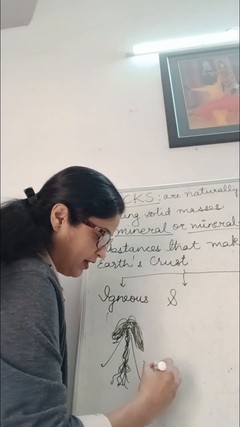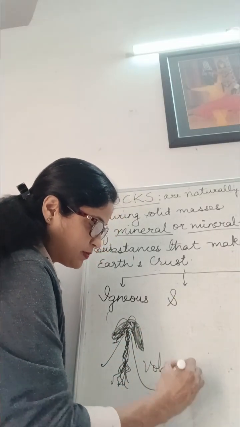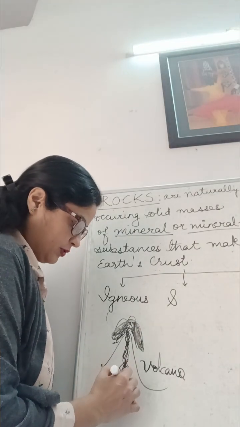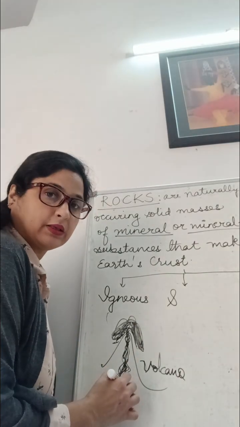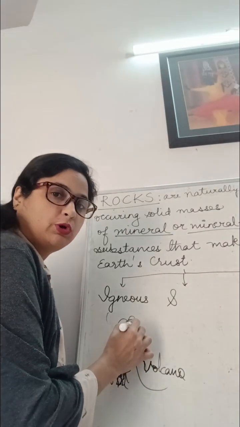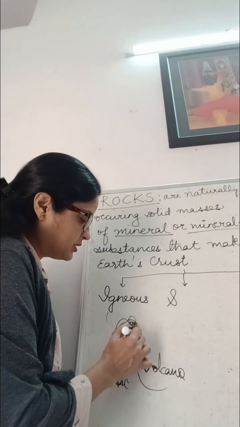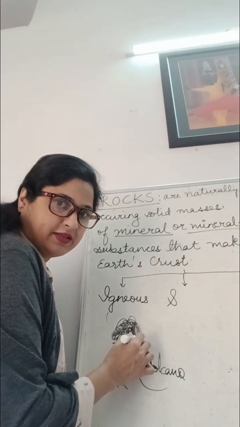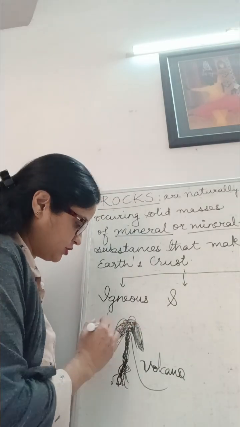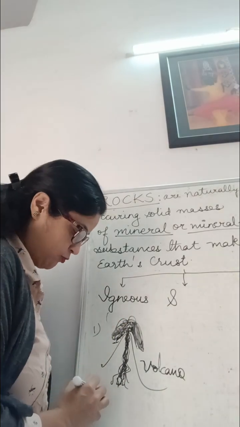This is a volcano. The molten magma comes out, cools down and then solidifies. This process helps in the formation of igneous rocks. This is the first point.